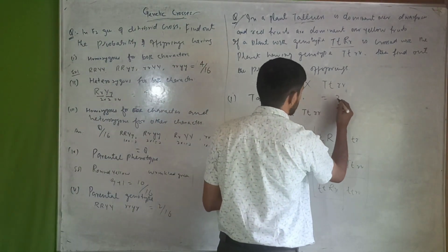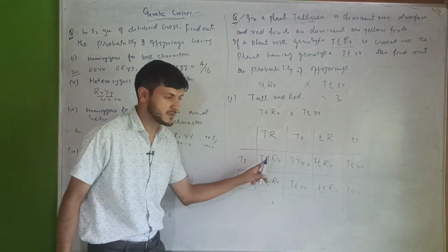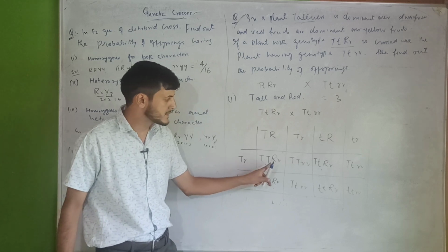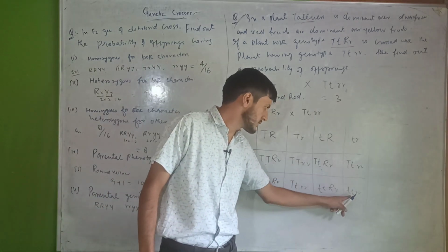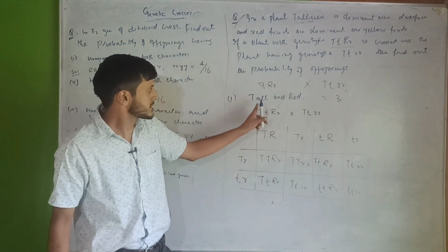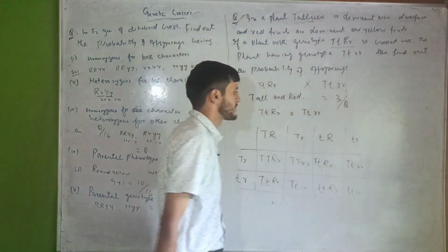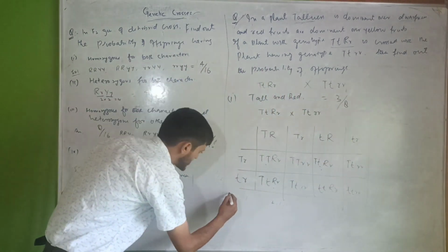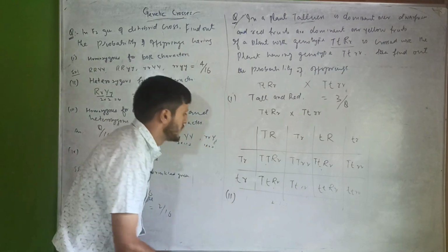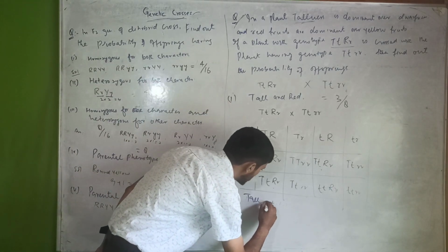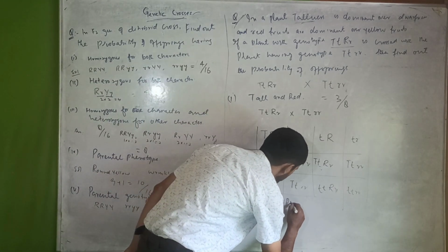So the answer is 3. How many individuals are there in total? In total, there are 8: 1, 2, 3, 4, 5, 6, 7, 8. So the probability of tall and red is 3 by 8.